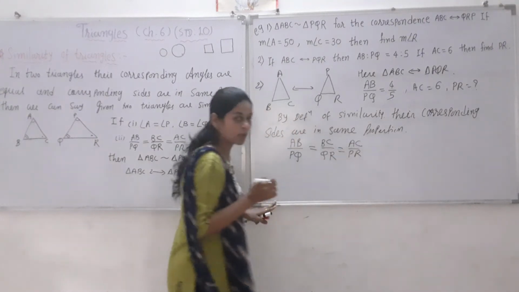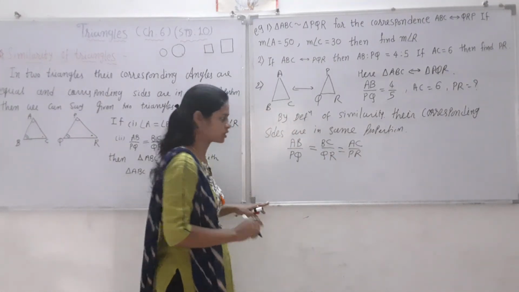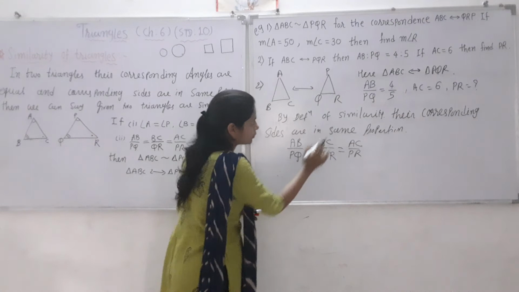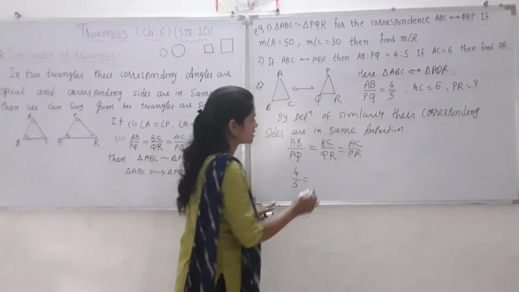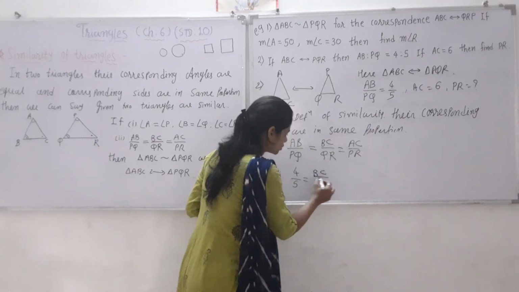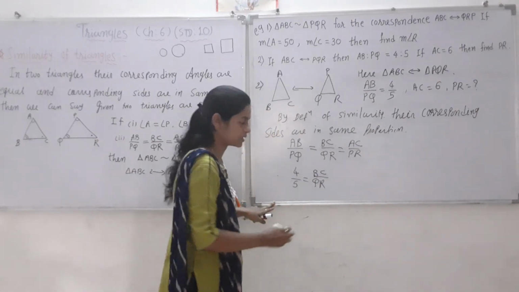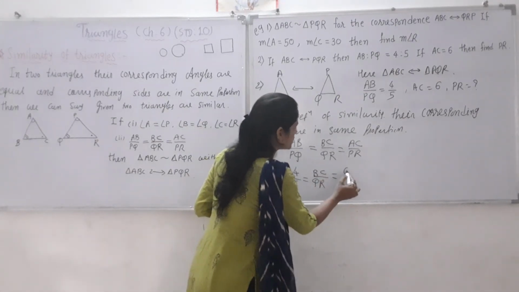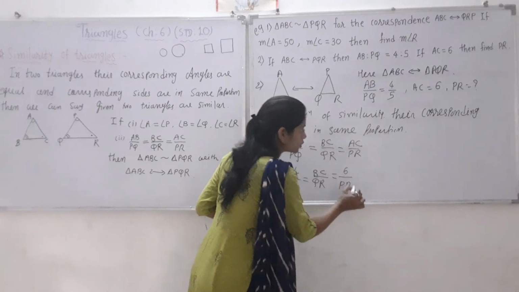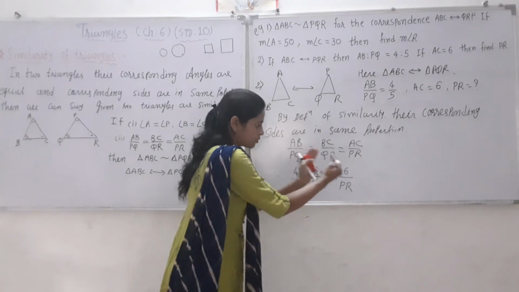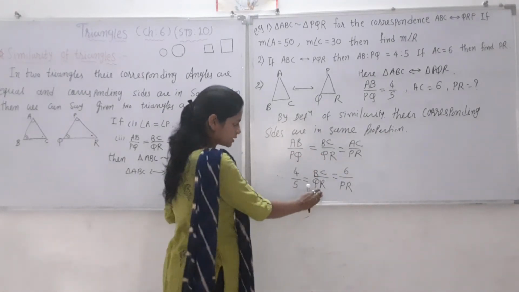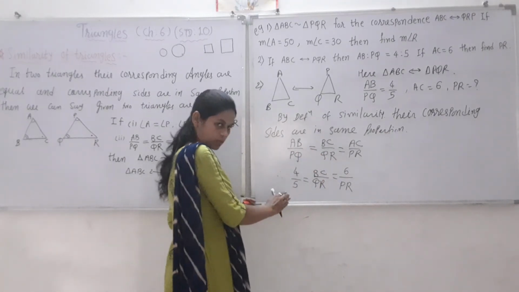Now put in the corresponding values given in your question. AB upon PQ in your question is 4/5. BC upon QR you don't know, so you write it as it is. Same way, AC is 6 and PR you don't know, you want to find PR. This is equal to this, and this is also equal to this.